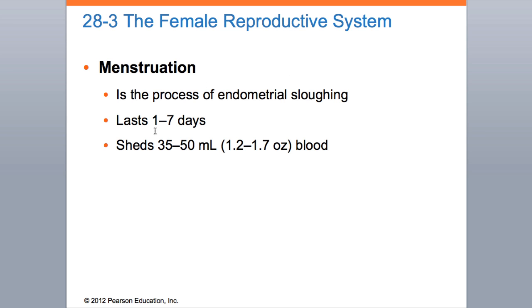Next slide. Menstruation lasts between 1 to 7 days. Again, I said 1 through 5 because that's the typical amount of time. Some people last longer, some people last shorter. Now, I will tell you that as you get older and you approach menopause, menstruation will become less and less.